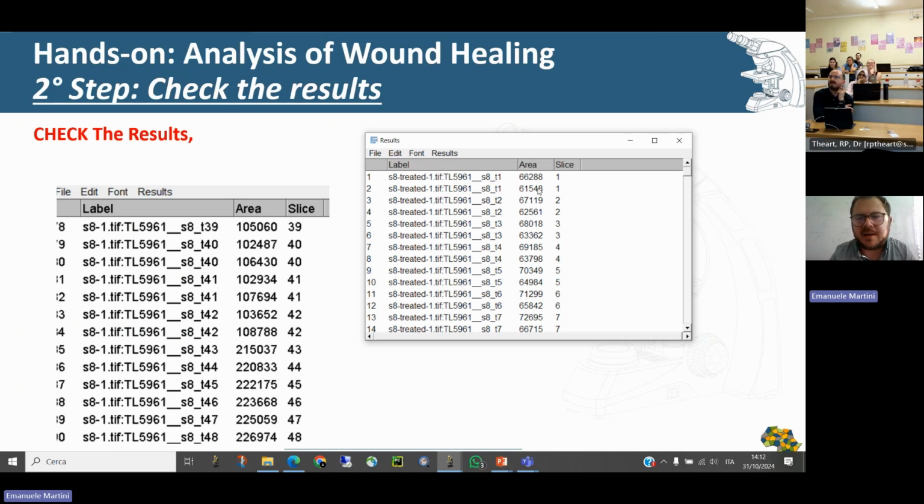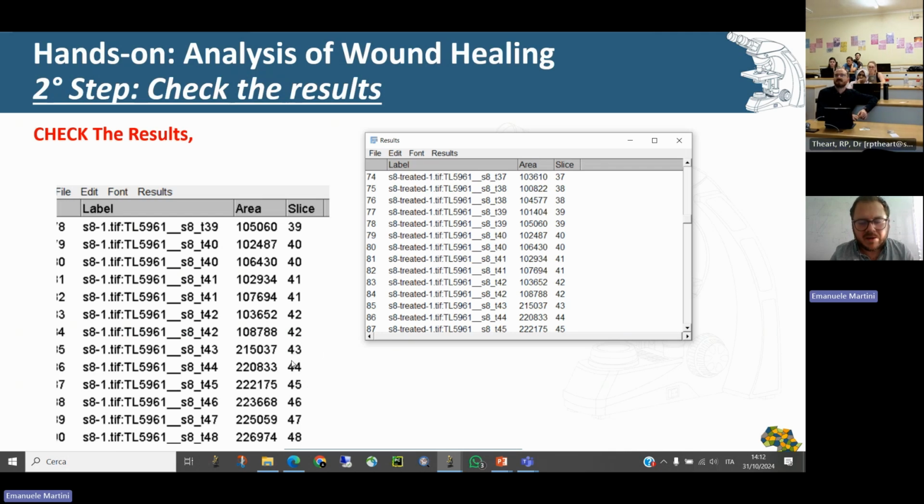For example, in the first time points, you will have the cell layer on the left and the cell layer on the right. But then when they are touching, you can start to have a single value per time point.